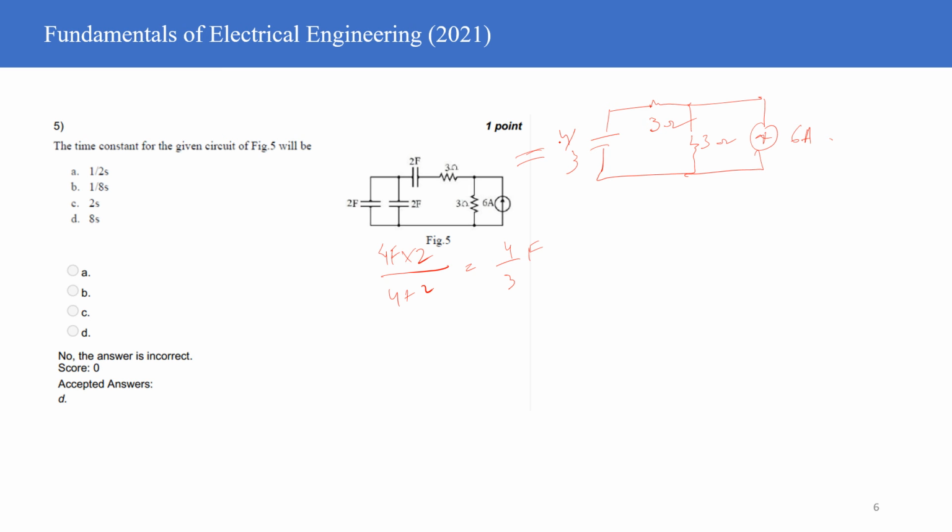So if we need to figure out the time constant of the circuit, the easier method can be, you have this particular capacitance, you have R over here split like this.